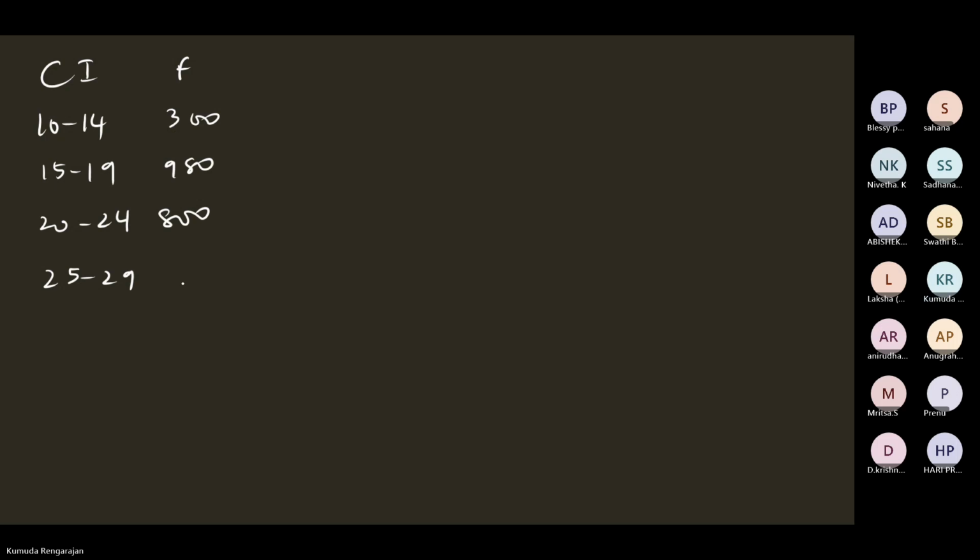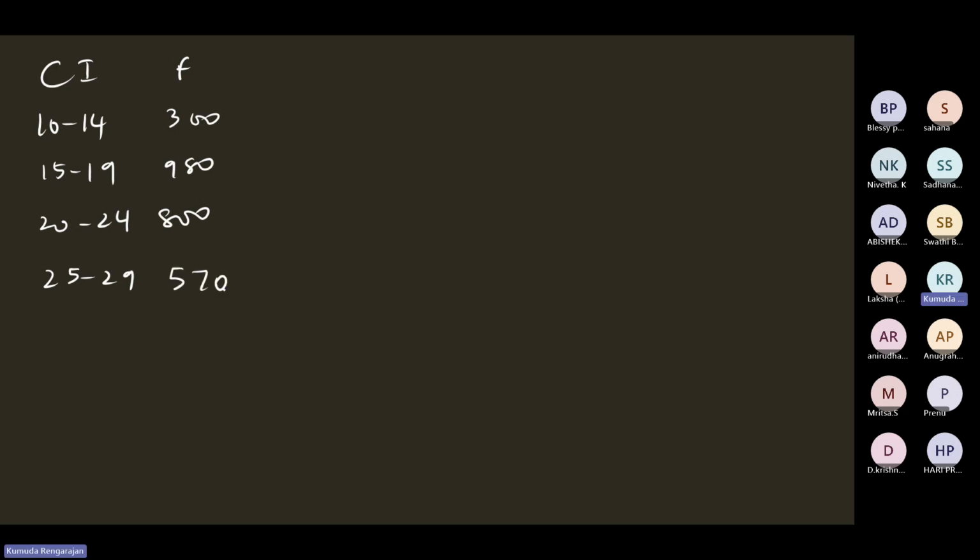So if the class intervals are, say, like 10 to 14, then 15 to 19, 20 to 24, 25 to 29, and so on, children. And frequency, I'll just take some values like 300, 980, 800, some 570, and so on.